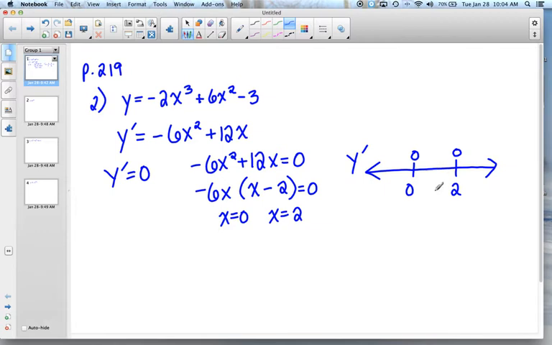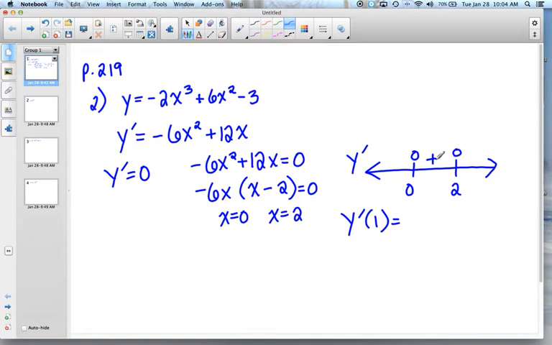So if I substitute in a 1, and remember we're plugging that into the derivative, we don't care the value, we only care if it's positive or negative. Then I'm going to have a negative 6 and a positive 12. So I end up getting a positive value.